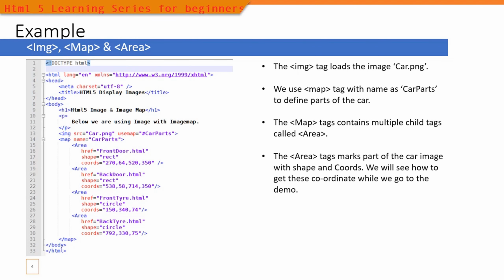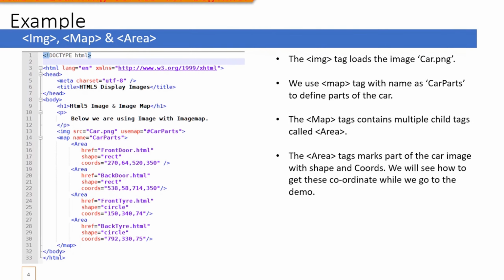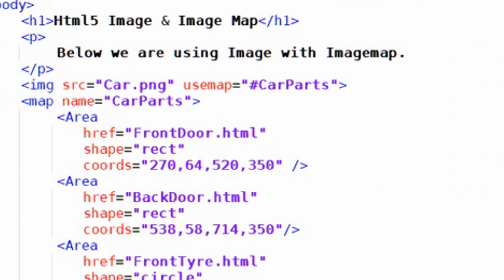The area tag marks part of the car image with the shape and coordinates. So we will see how to get these coordinates when we go to the demo part. But for now, let us take the very first area tag. There we defined shape as a rectangle.